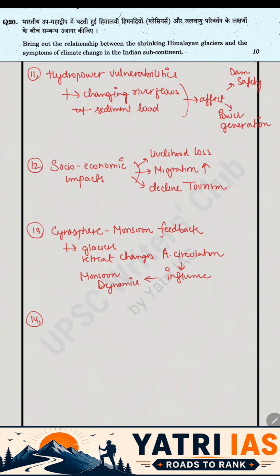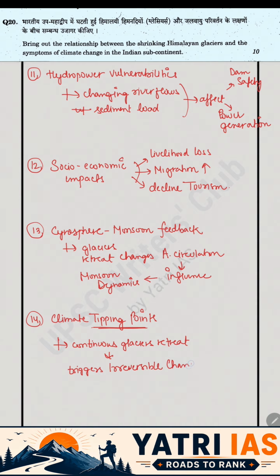Then you would mention climate tipping points. Two days back, during the Bonn summit in Germany, India emphasized on tipping points because continuous glacier retreat triggers irreversible changes.